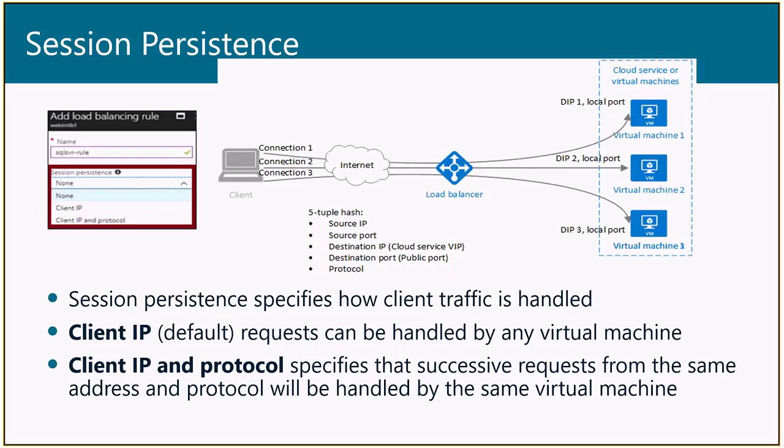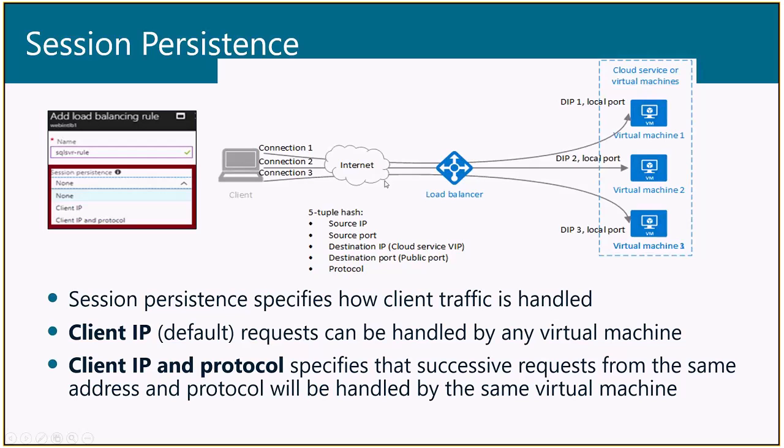And session persistence. Session persistence means that when a client sends a request, first they provide a username and password to authenticate. It comes in, the load balancer sends it to VM1, and okay, maybe you have the right username and password. Now I want to query something. When I come back the second time, it knows to go to the same virtual machine.